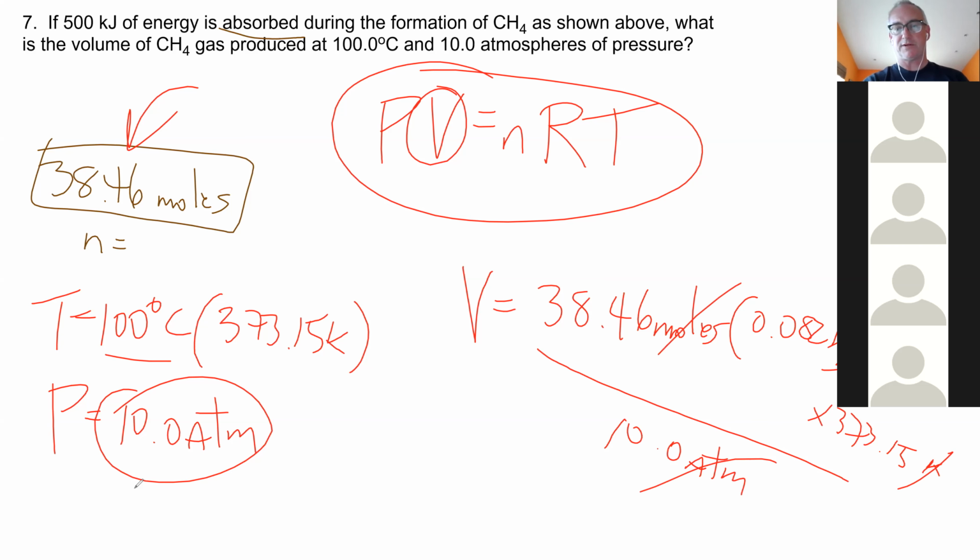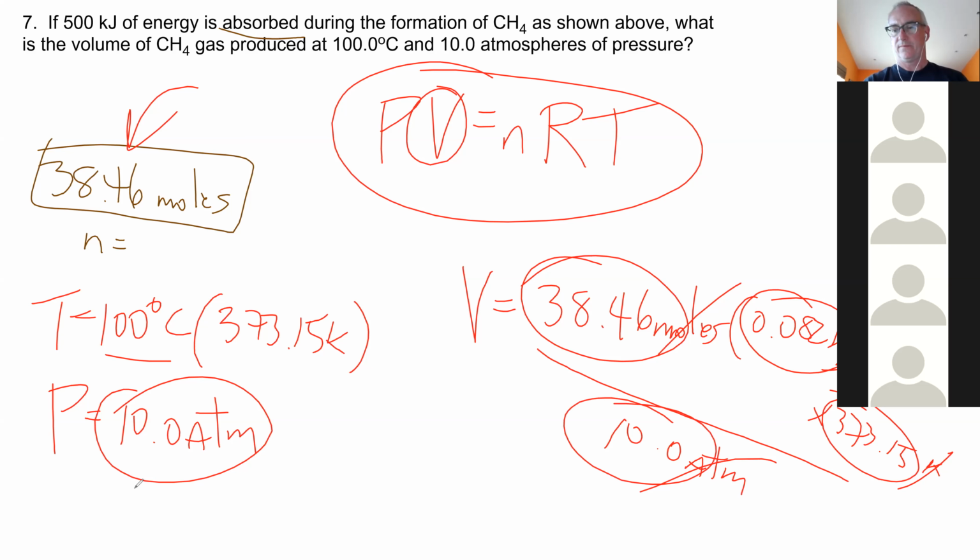Basically, I'm multiplying this number by this number by this number and dividing by this number, and I'm left with liters, which is what I want. So 38.46 times 0.0821 times 373.15 divided by 10. That's a lot.